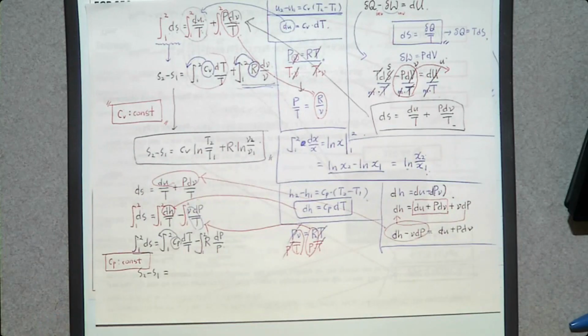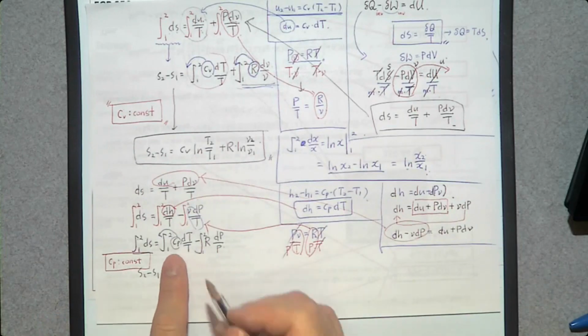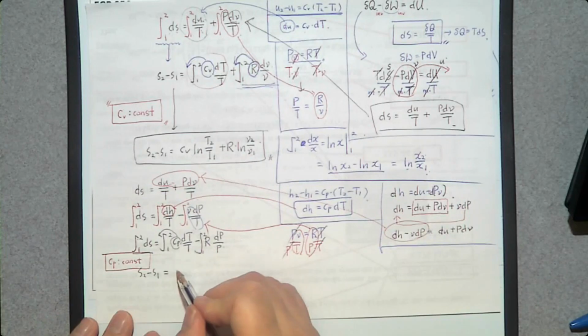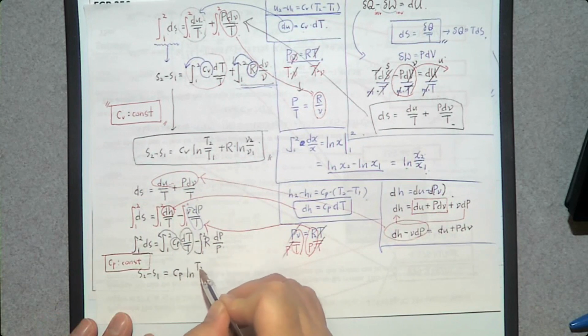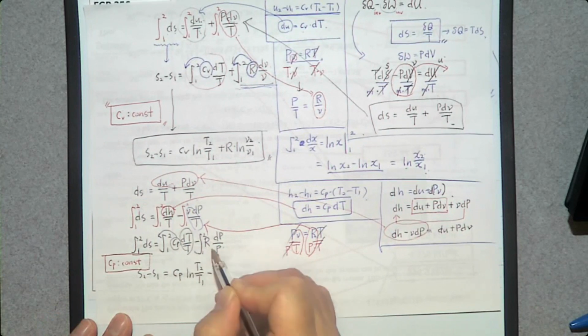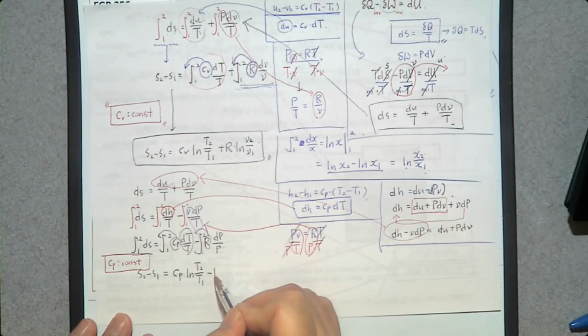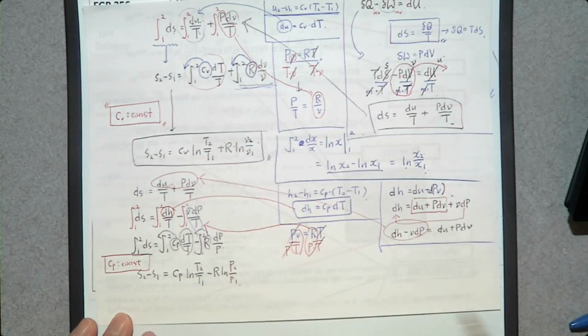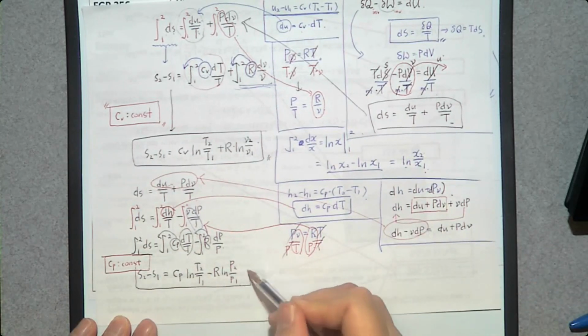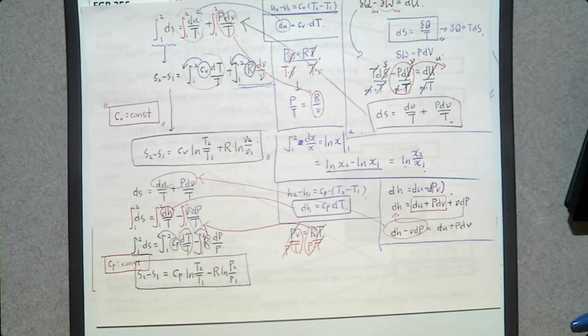So Cp times the integration of dT over T, natural log T2 over T1, minus R natural log P2 over P1. So this is another entropy equation that we can use.